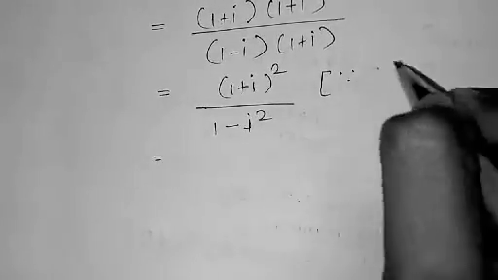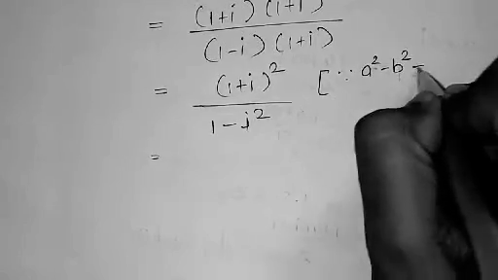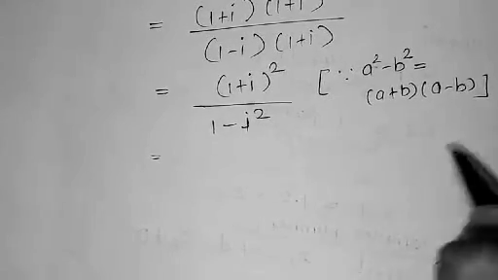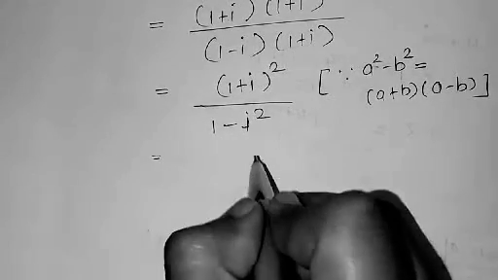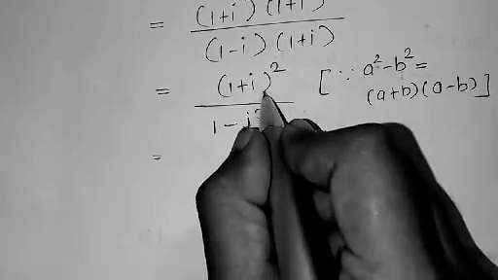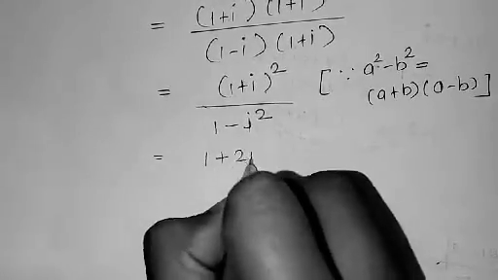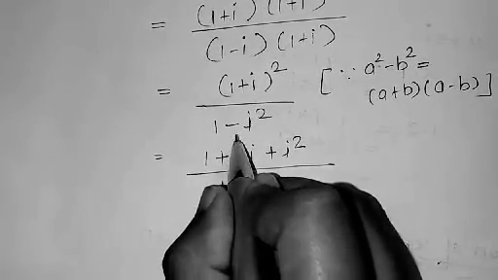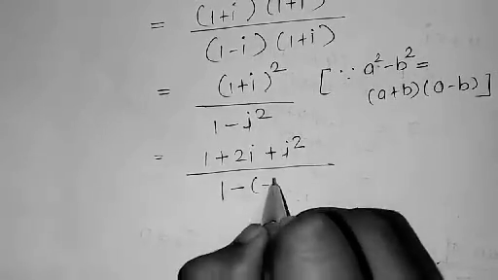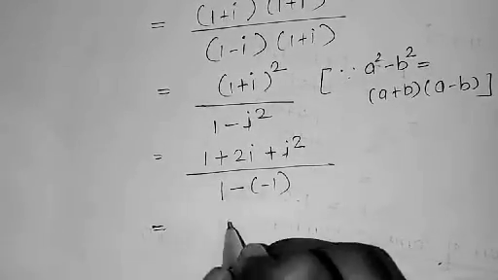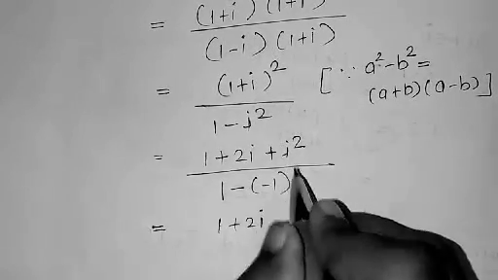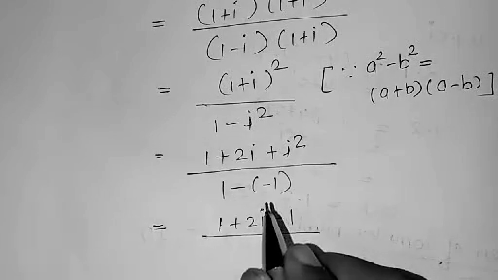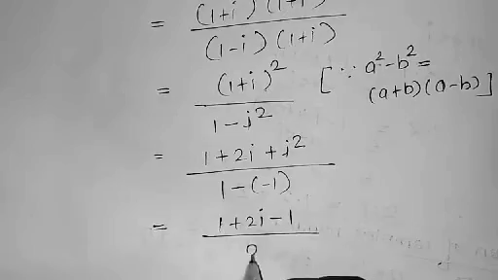Since again we use here a square minus b square is equal to a plus b into a minus b. Using this we can write 1 minus iota square. So expand this bracket, we get 1 plus 2i plus iota square upon 1, this minus iota square is nothing but minus of minus 1, which is equal to 1 plus 2i plus iota square, where iota square is equal to minus 1, upon 1 plus 1 is equal to 2.